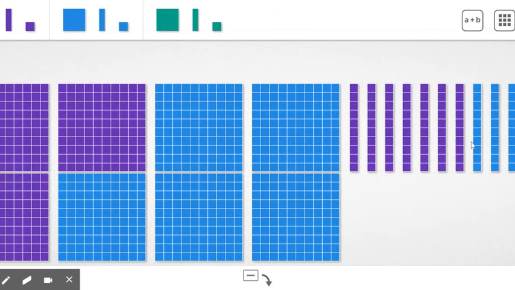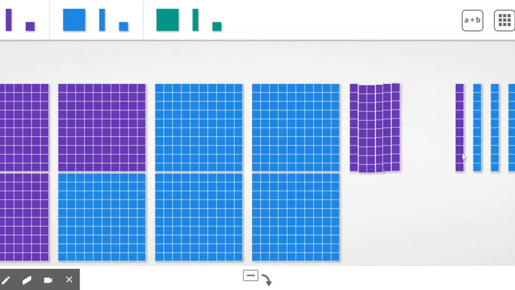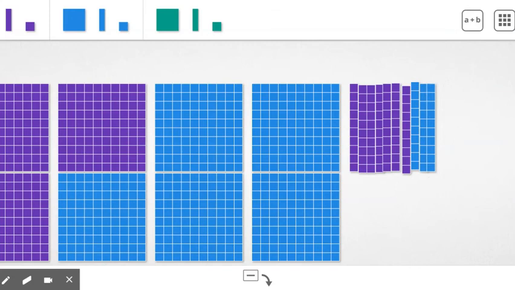All right, now I'm going to combine, starting with the ones. But remember, I could combine 10 groups of 10 into hundreds.